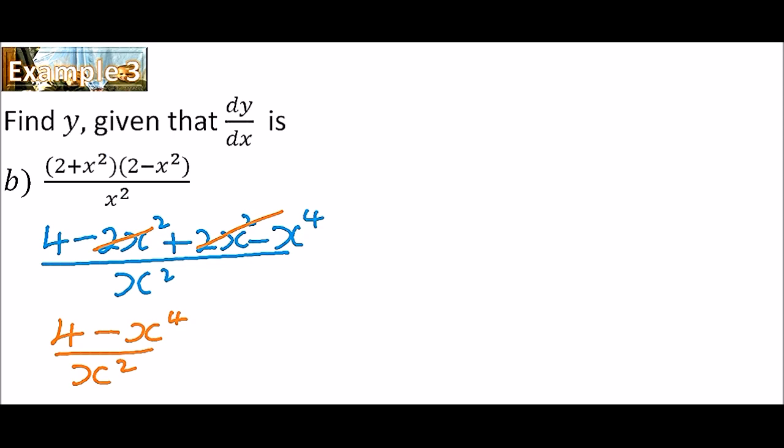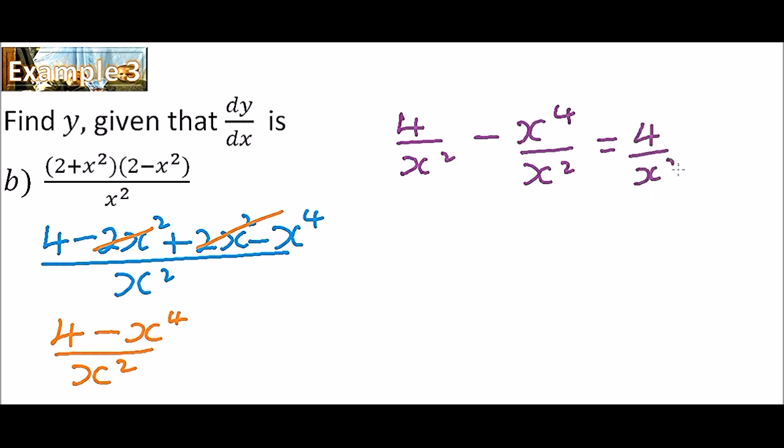From there, we can simplify and say this is 4 divided by x squared minus x to power 4 divided by x squared, which we can write like this: 4 over x squared minus, now x to power 4 divided by x squared, we have 2 there, so we have x squared.